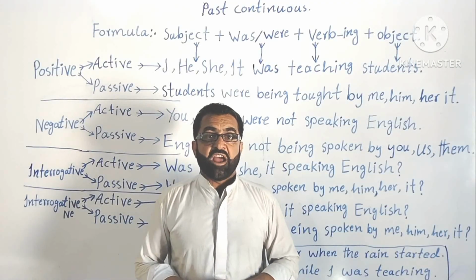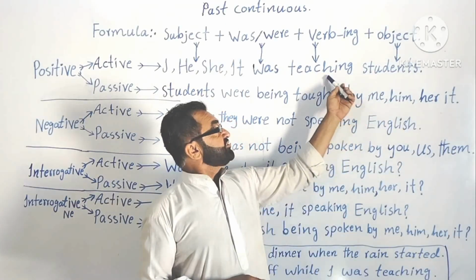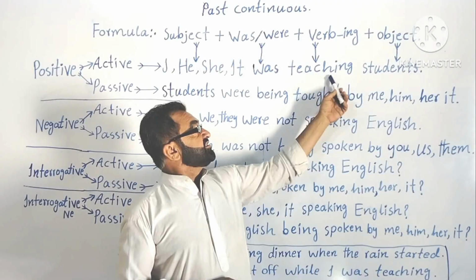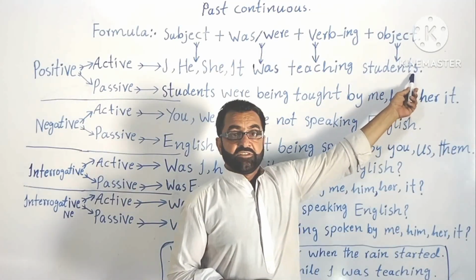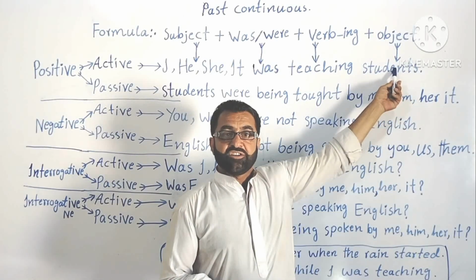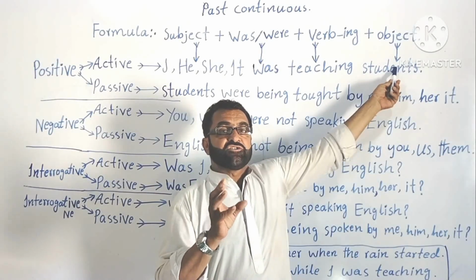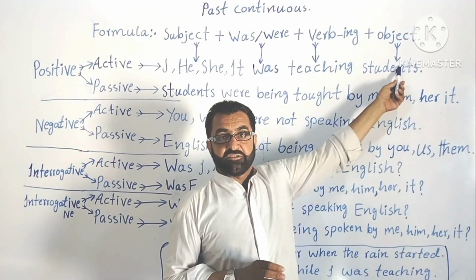Now here I would like to tell you one thing. In active voice, this is the main verb. After the main verb, whatever comes, whether it is one word, two words or three words, even five words, these all five words will be considered the objects of the active voice.